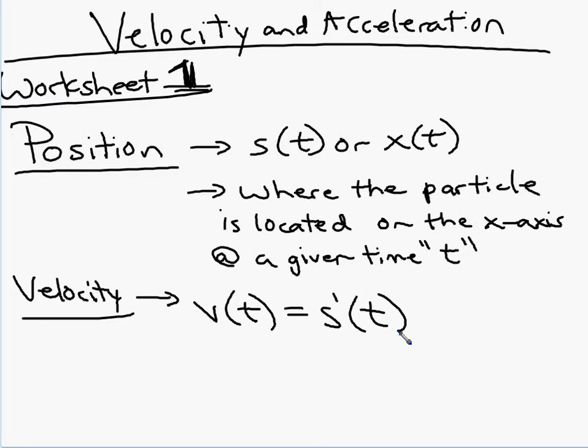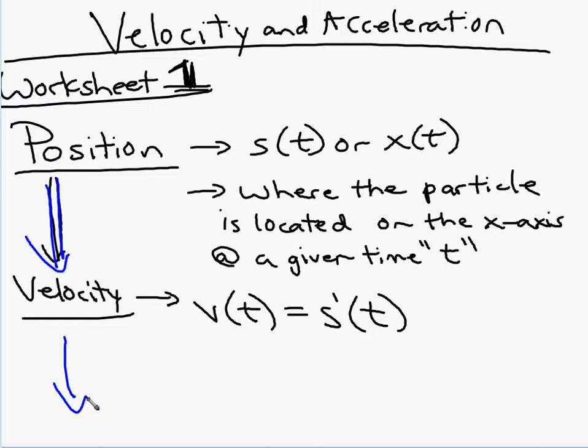Velocity is the derivative of the position, or a lot of times I call it the location function. So you're going to see a progression here. We're going to go from position to velocity, and then we're going to go from velocity to acceleration. And that's the progression. Position, velocity, acceleration in just a minute.